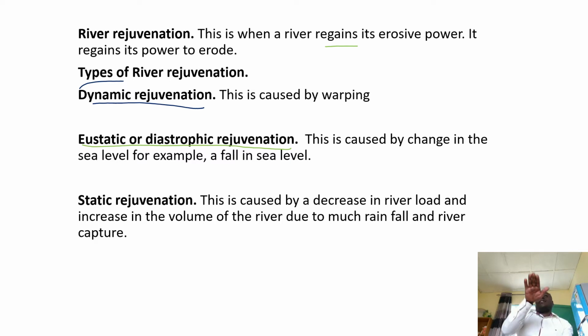Formerly it was joining the sea on its surface when it was on sea level 2. But because the sea level went back to sea level 1, the river will be forced to flow on a steep gradient. The speed will increase, the energy will increase, and rejuvenation will occur.